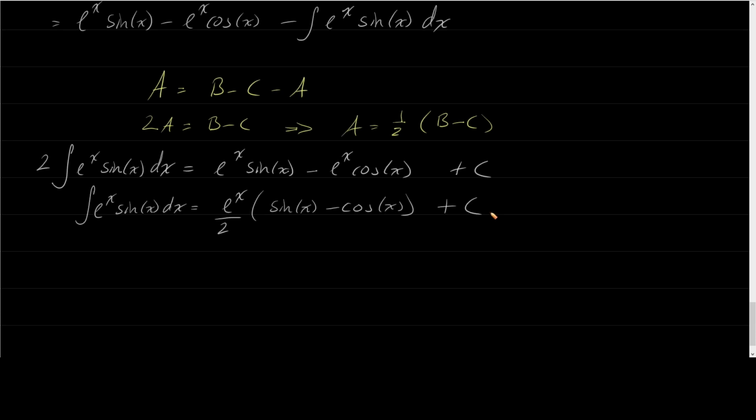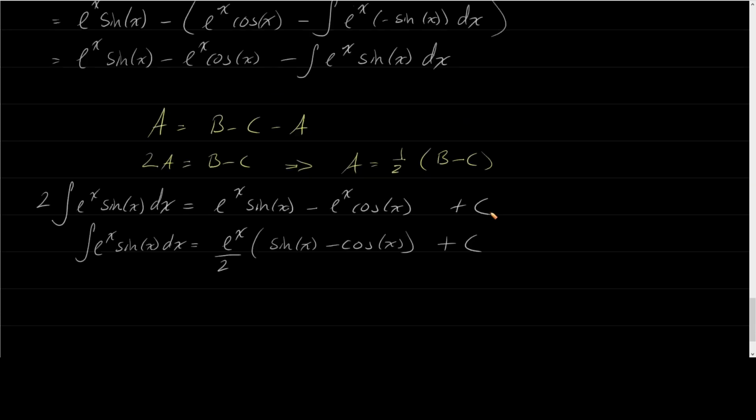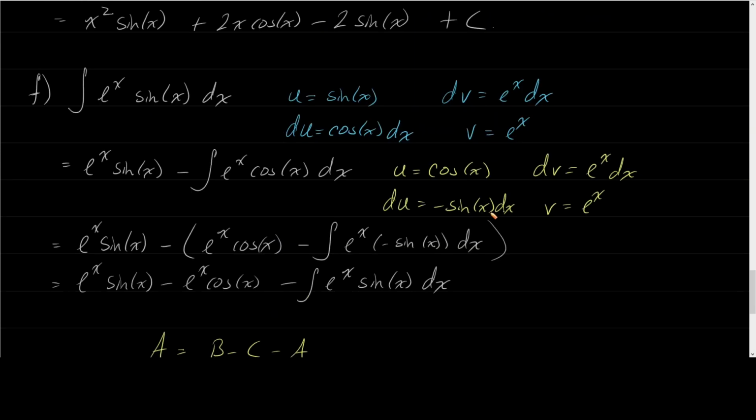All right, now I do want to mention something here. We would have still gotten the same answer if I had started with u being e to the x and dv being equal to sine of x dx. I will let you guys do that as an exercise on your own so that you can see that it gets the same exact solution.